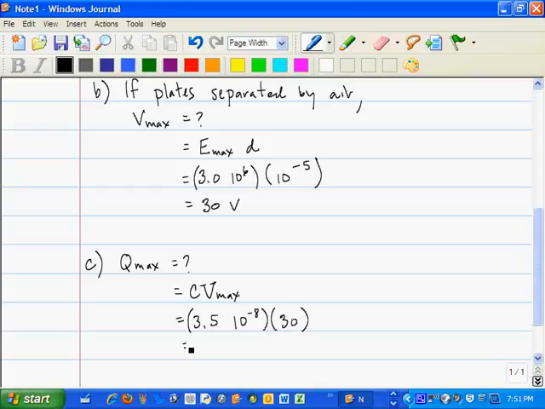And so that gives us about 1.1 times 10 to the minus 6th. Let's just round it down to 1 times 10 to the minus 6th coulombs, or about 1 microcoulomb, which is, by the way, an awful lot of charge.